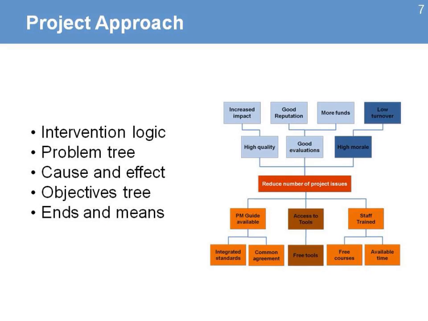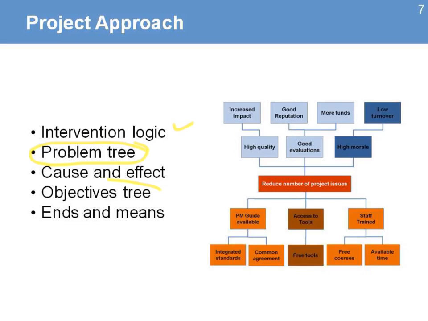You also need to look at the project approach, looking at how the project was designed. What is the intervention logic? Look at the problem tree, where they identify the problem and the cause and effect elements that decide how the project was designed.